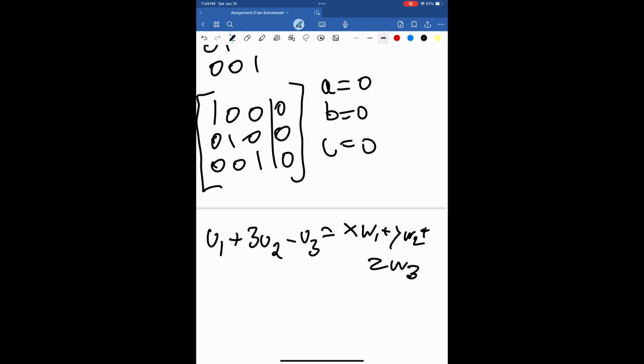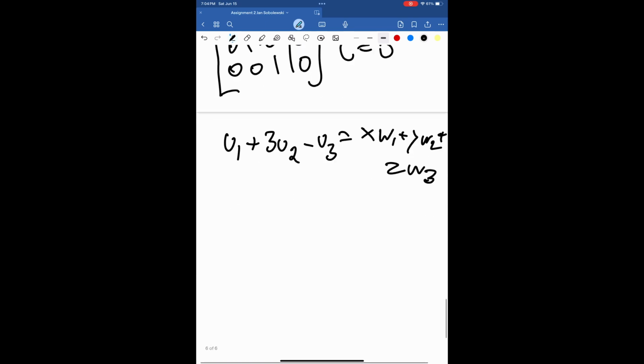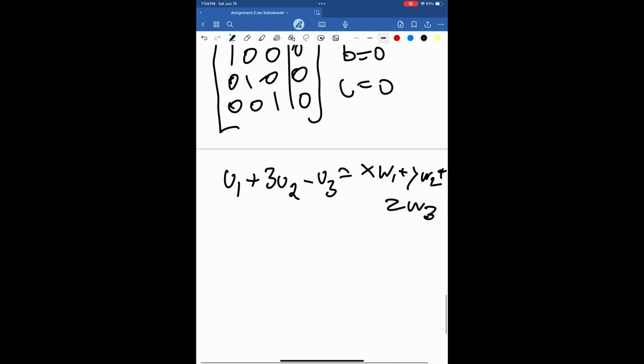And now, this is pretty tedious, so now we want to do the same thing. We want to plug in our values for the u's, then simplify that.